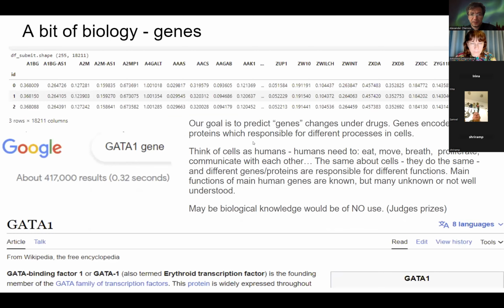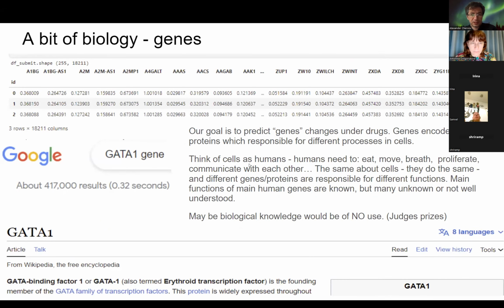Okay, so let me give those who are data scientists a bit of biological introduction. In the targets, we have these symbols like A1BG or something like ZXDA. What is it? It's the name of a gene. If you go to Google and put this name and then "gene", you will see a lot of results.